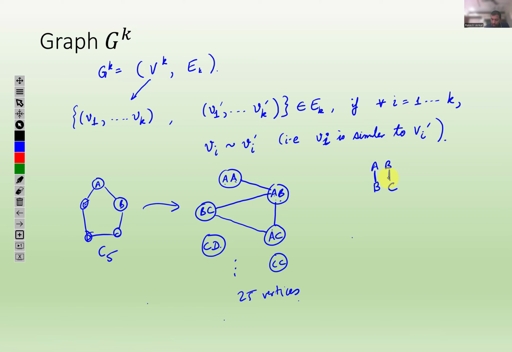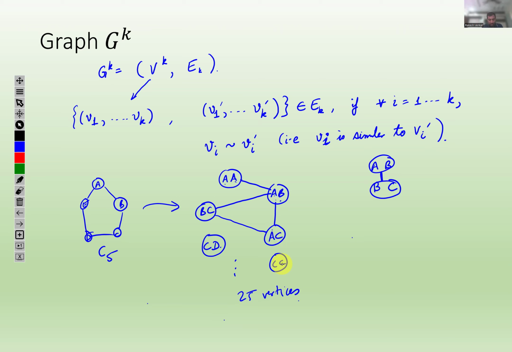And therefore, in this, let me call it, for lack of a better word currently, two-powered or two-lifted graph, you will have an edge between these two vertices. Okay, is that clear? Yes. Okay. And AC and CC? AC and CC will not have, because A is not similar to C, right? Okay, there is no edge. There's no edge between A and C, so there's no edge between AC and CC.